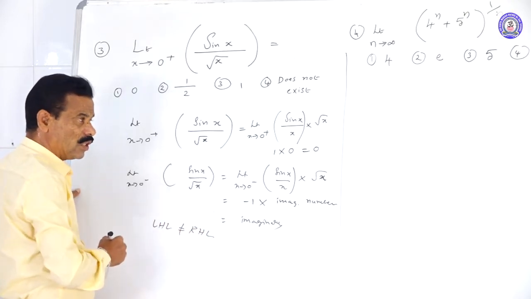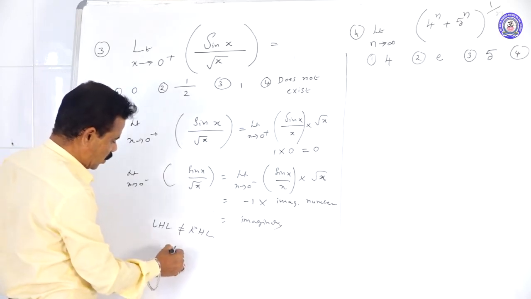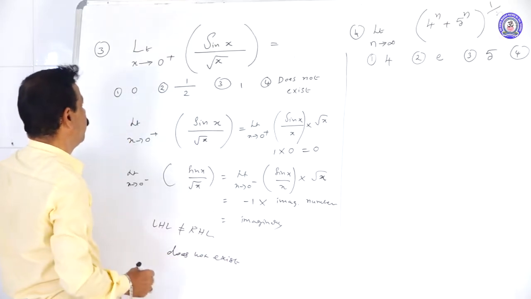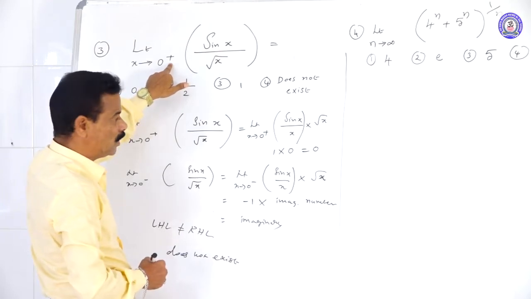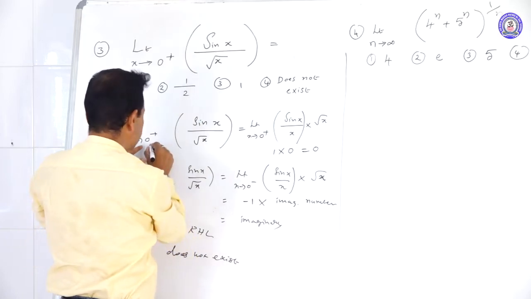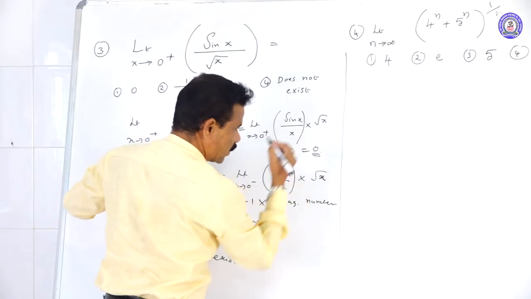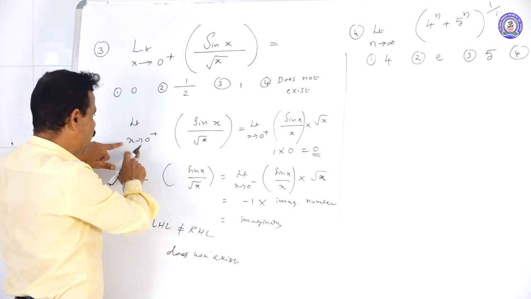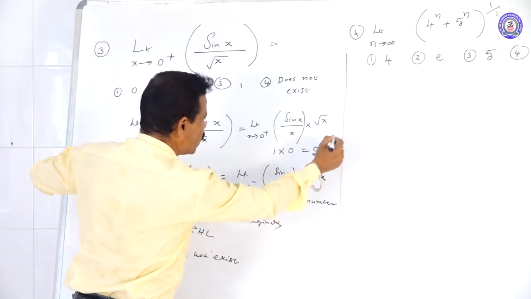If both are not equal, that function does not exist at x tends to 0. But here it is asking 0 plus only. According to this 0 plus, the value exists and is 0. So here the two-sided limit does not exist, but whereas x tends to 0 plus, it exists: 1 into 0, 0 is the right answer.